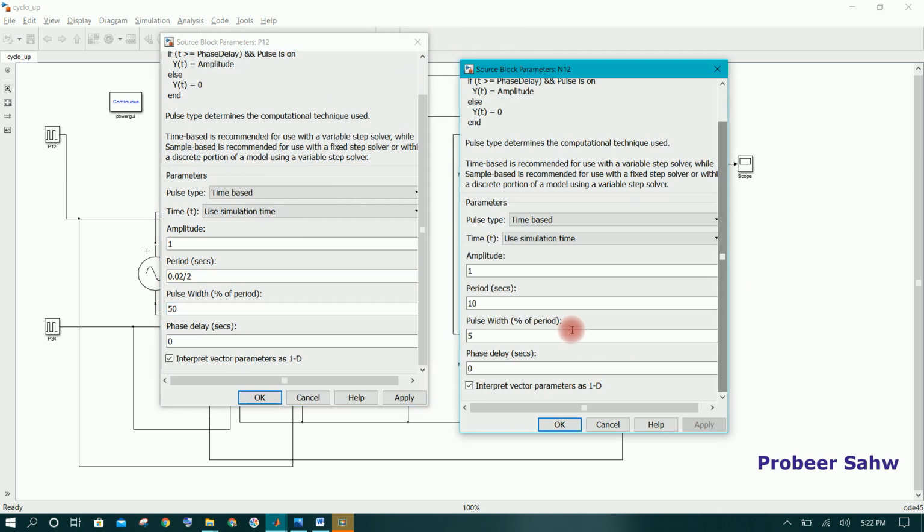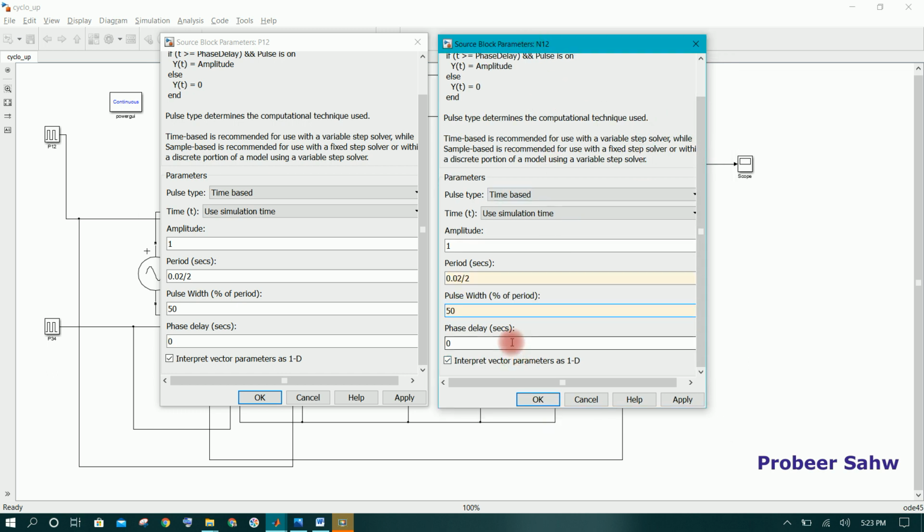So period will be same, 0.02 divided by 2. Pulse width again 50, because these sets of thyristors P1, P2, N1 and N2 will work in tandem. For half of the time P1, P2 will be activated. For the next half of the time N1 and N2 should be activated. The only difference is in the parameters for these two sets of thyristors' pulse generators.